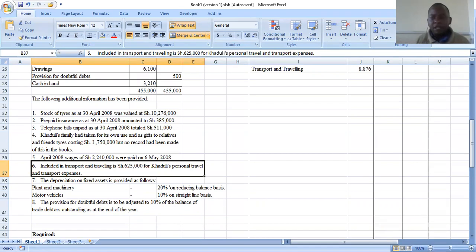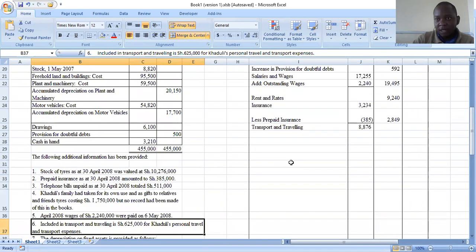This should have been posted in the business by debiting drawings and crediting the travel and transport expense. Crediting an expense means to deduct, to less from that expense.